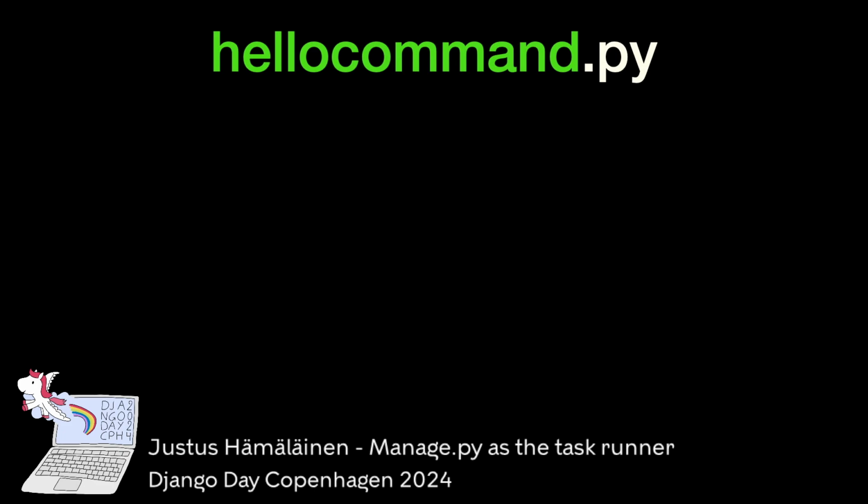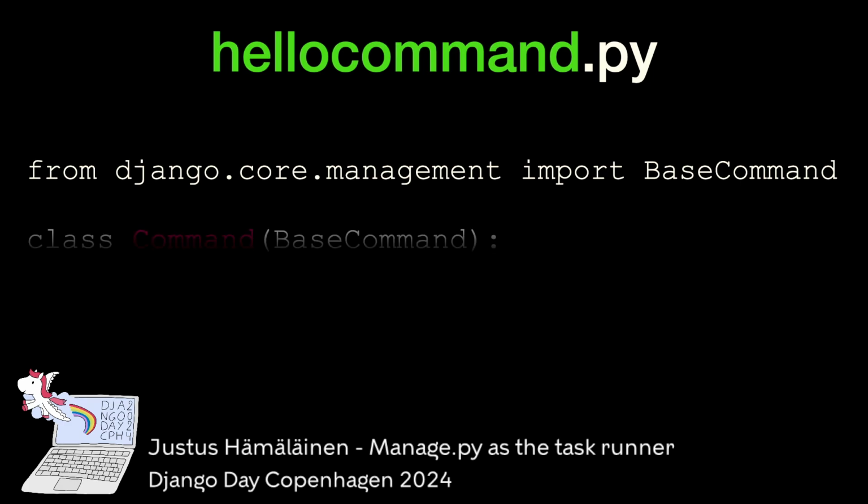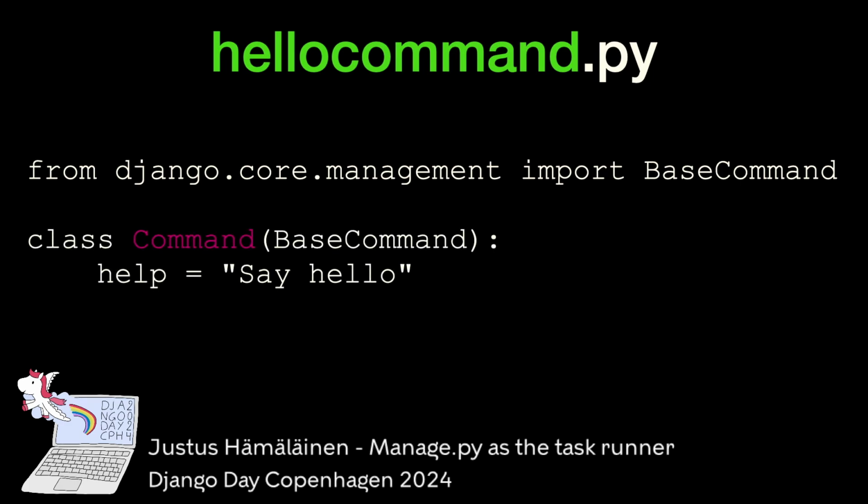Then within hello_command.py, we'll import BaseCommand from django.core.management.base. Then we create a class that is named Command. It's important that it's named Command, because that is the way Django finds the right thing to run.